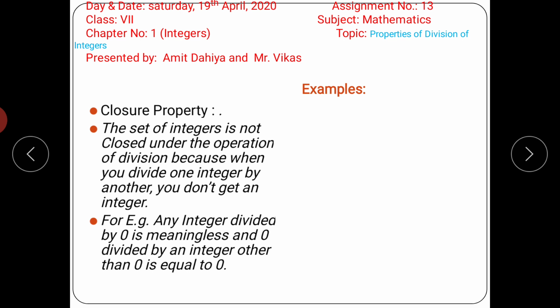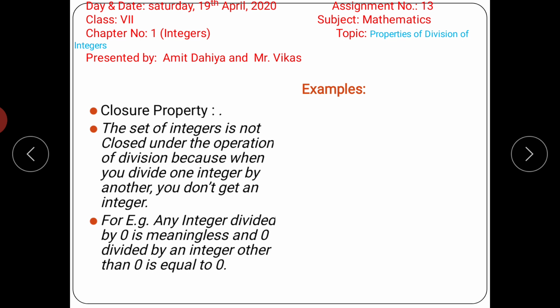Here the numerator belongs to integers and the denominator belongs to integers, but when an integer is divided by 0, it is meaningless. Meaningless means it is an undefined term. Any number having 0 as a denominator is not defined till now.